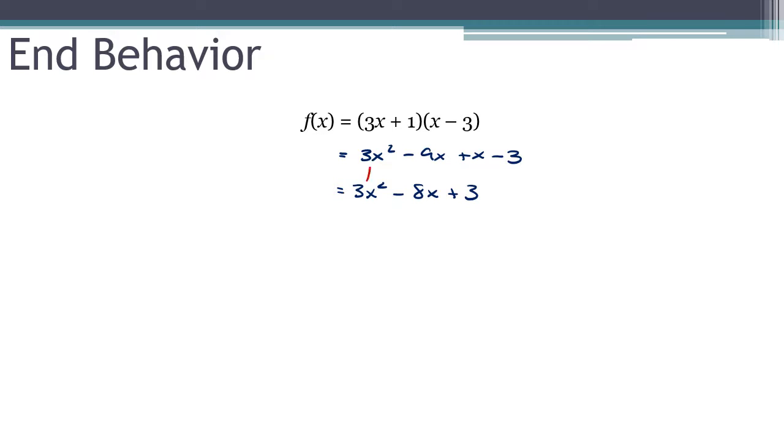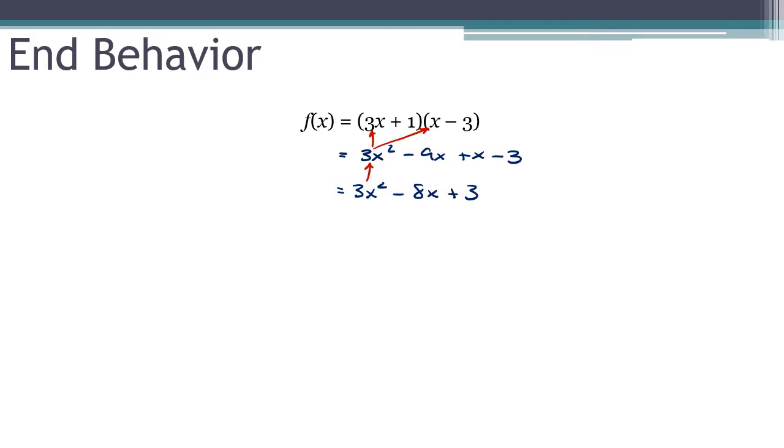Right, the leading coefficient is this one, and it came just from those two terms. It came from the first term in each of the factors, right? And now that we've got it in this form, we can tell. You remember how I like to think about this.